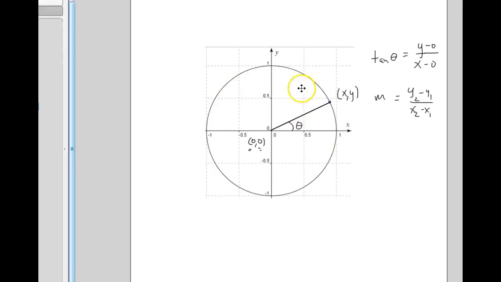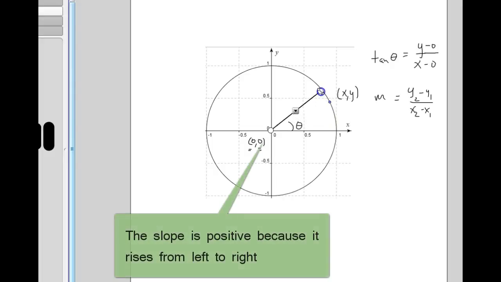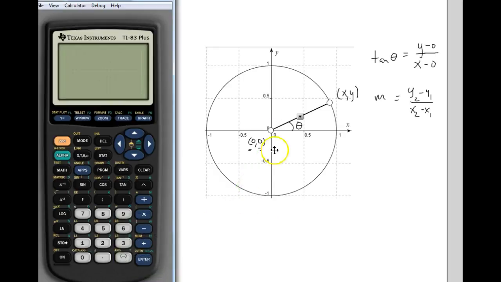So in quadrant 1, because that line segment is a positive sloping line segment, I'm going to get a positive value for tangent, quadrant 1 meaning from 0 degrees up to 90 degrees. That's called acute angles if you remember. If I pick an acute angle measure, like the tangent of 70 degrees for instance, I'm going to get a positive number because it's a positive sloping line.